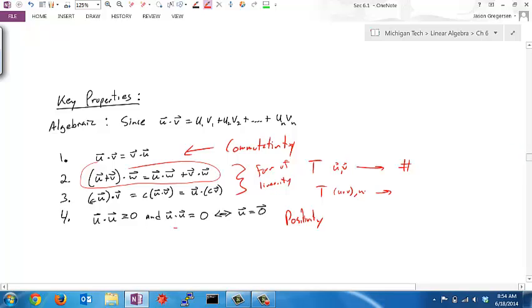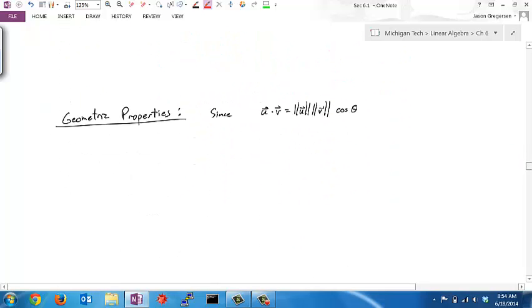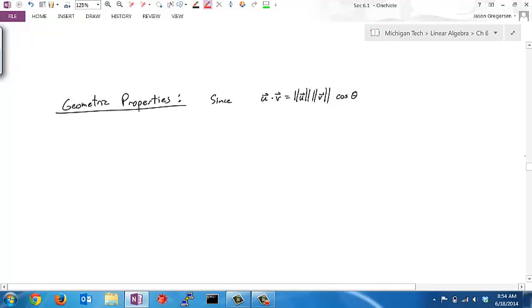So we have some stated properties. Then we might think of geometric properties, and here we're going to deduce these properties. We're going to think about what happens in some special cases. So for instance, if I take u dot u, I can actually use this geometric definition.